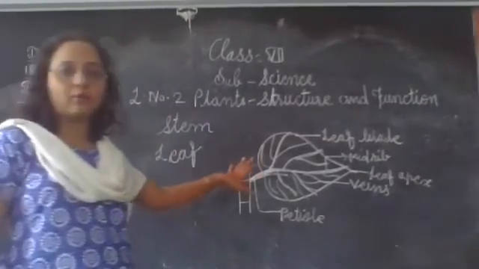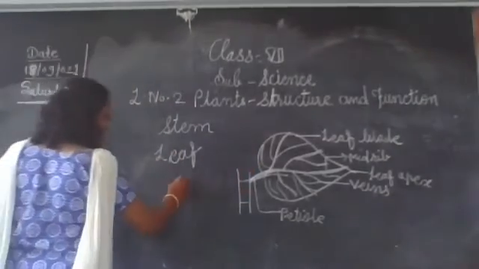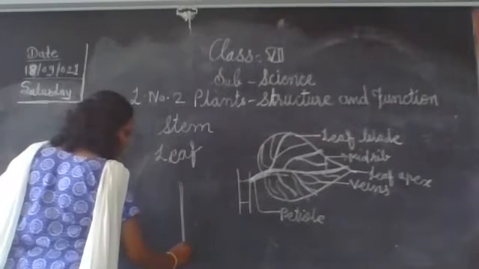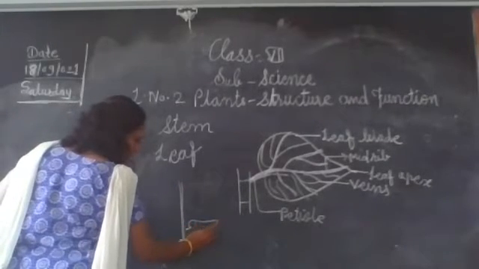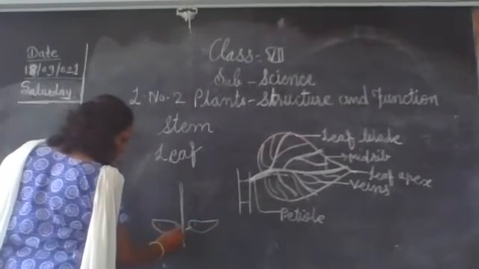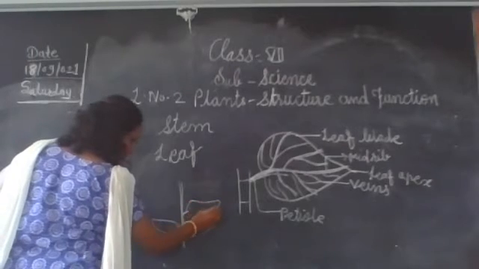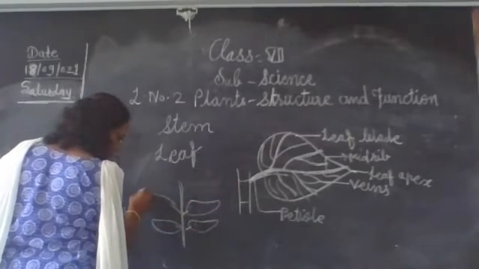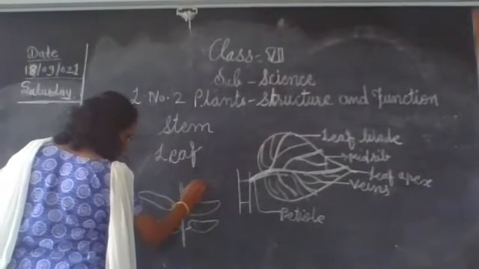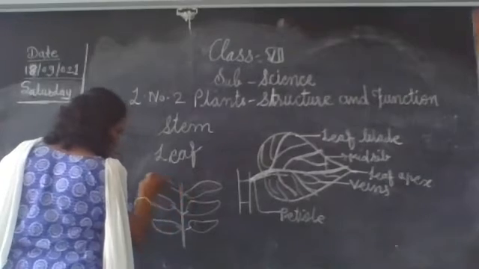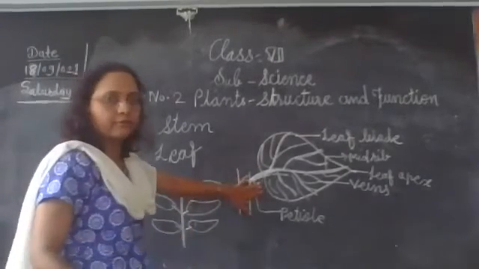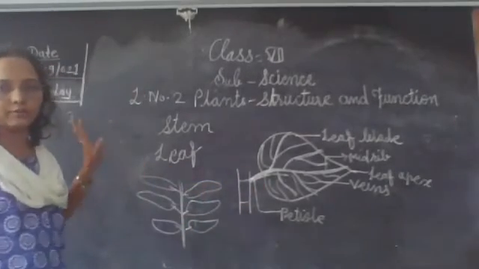Okay, sometimes it is a single leaf, sometimes there are many leaves. See here, if you observe the neem leaves, neem leaves are like this. It is a single leaf. It is a compound leaf.